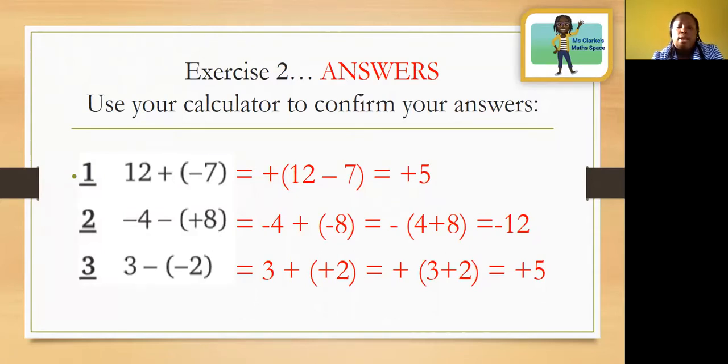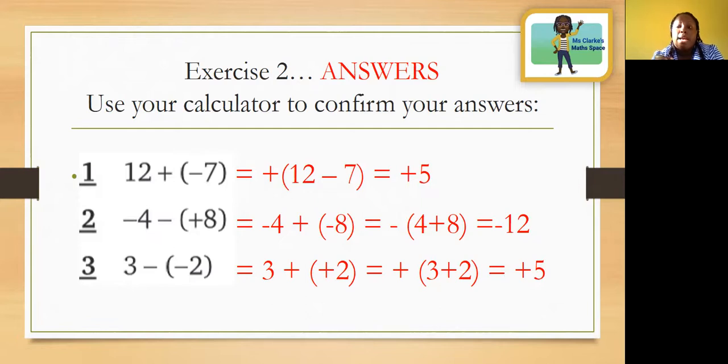Question 2, we have negative 4, take away positive 8. We are taking away. Remember that subtraction is the opposite of addition. So now we want to change the subtraction to addition and find the additive inverse of positive 8. The additive inverse of positive 8 is negative 8. So it becomes negative 4 plus negative 8, which is what we're going to have.